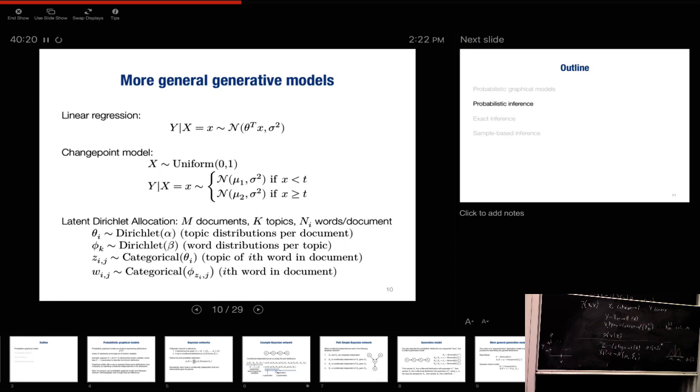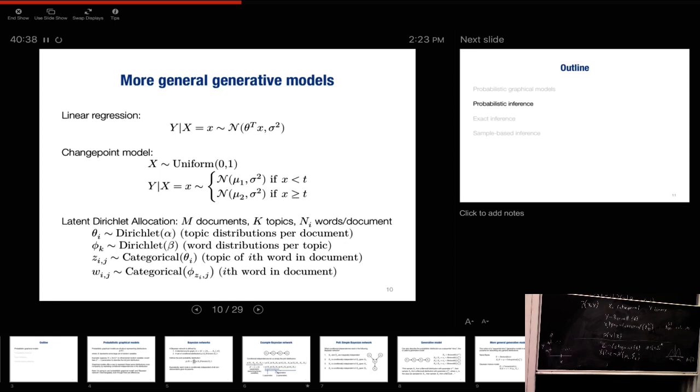I sample my set of topics from what's called the Dirichlet distribution, which gives me some distribution over topics. Then I sample a bunch of words, which are a distribution of words for that topic, and then I pick essentially at random from a bag of words for each document.